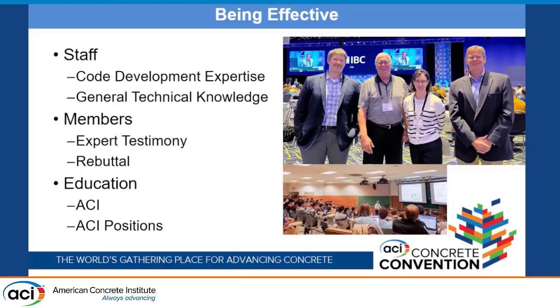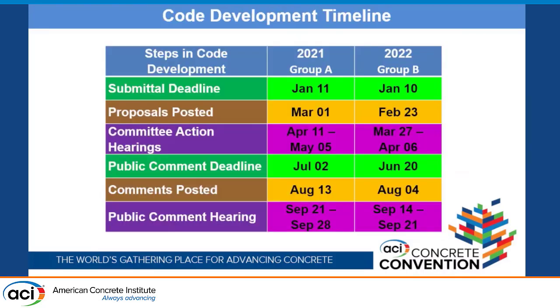They need ACI to be a resource to them, so that they can have somebody they can contact when they have questions about concrete. So this is the schedule for the next round of code development. It's a pretty rigorous schedule. There are going to be multiple public hearings or committee action hearings.